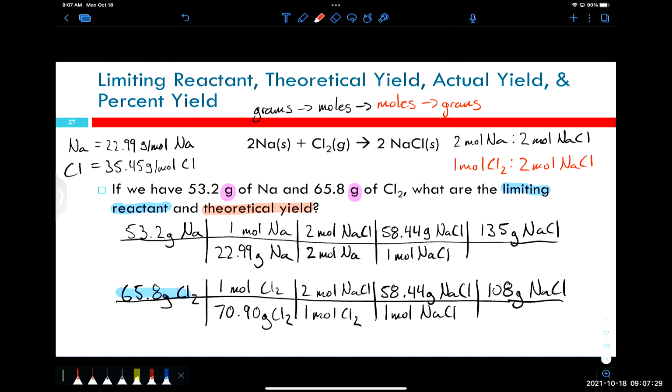And our theoretical yield is going to be 108 grams of sodium chloride. Any questions on that one? Okay.